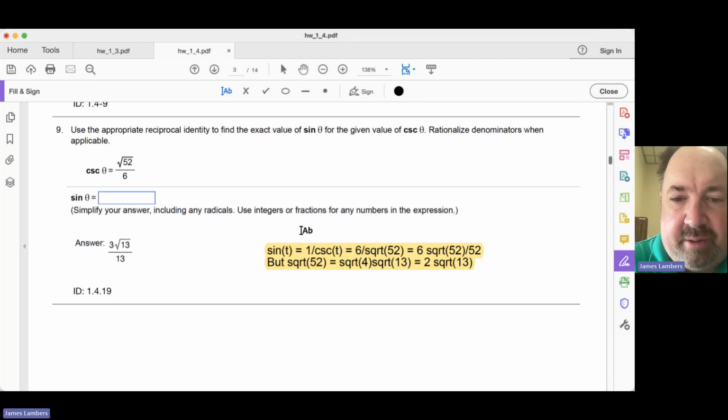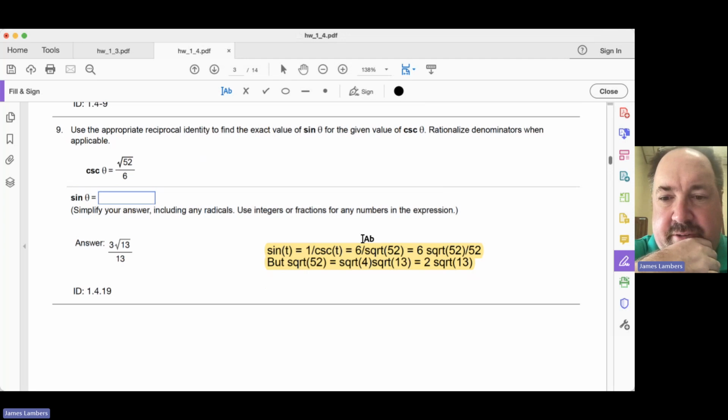So your unrationalized answer is 6 over the square root of 52. But then the goal is to rationalize that and also make sure that the fraction is in lowest terms, that you have any square roots simplified. You want to do that too.